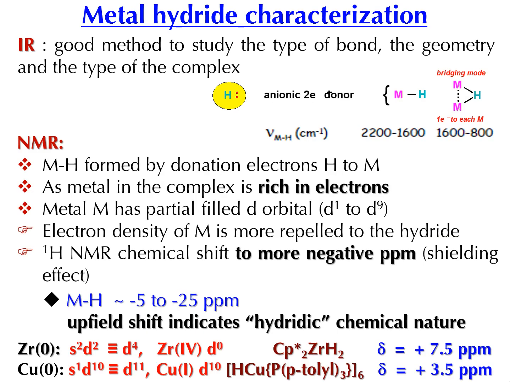The metal hydride complexes can be characterized by two techniques, the infrared and the NMR.